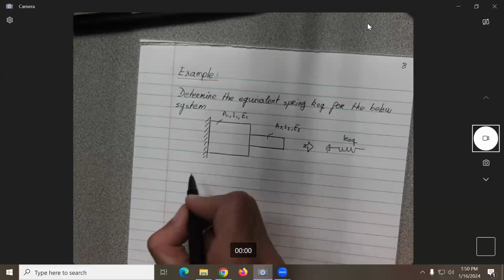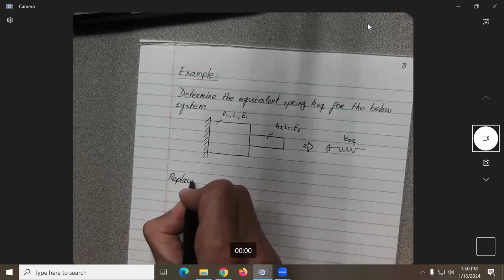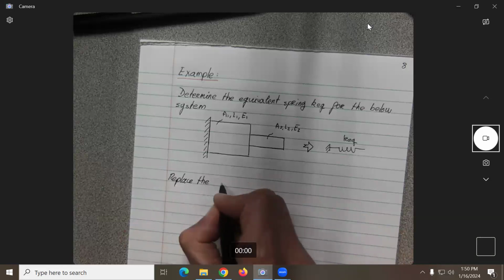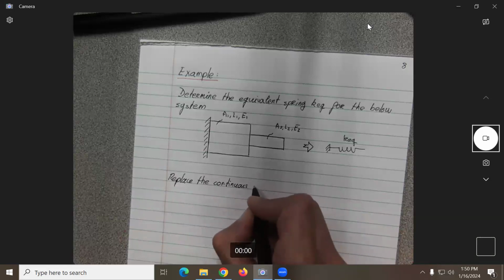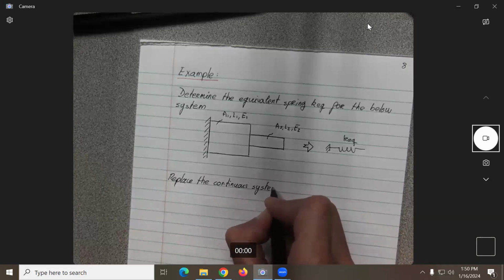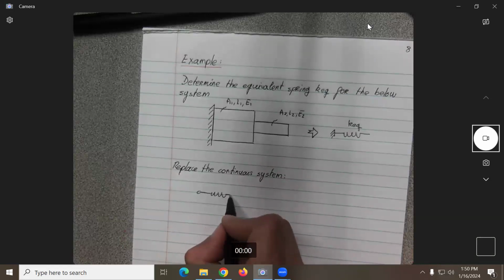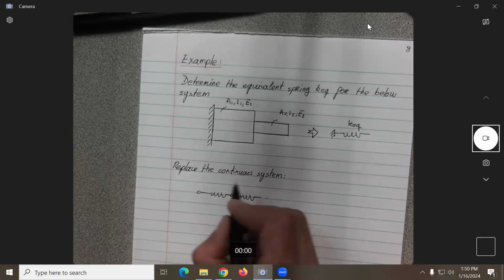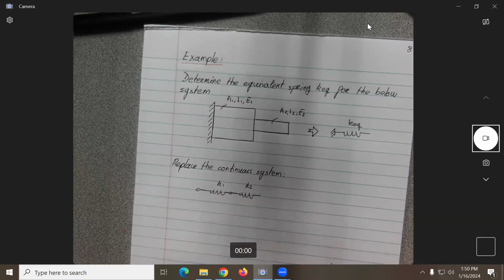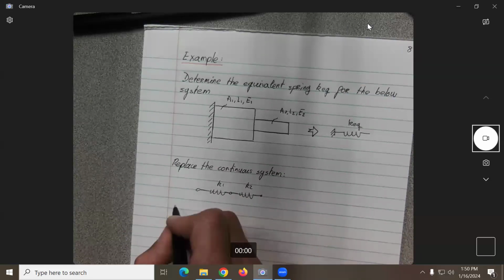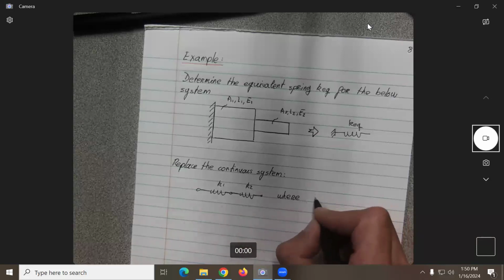Okay, so first thing we're going to do, we're going to replace the top one. So replace the continuous system, which means this one. We can replace it by what? By a K1 and a K2, no? Yeah? So let's say here, go look at your notes. What should be K1?